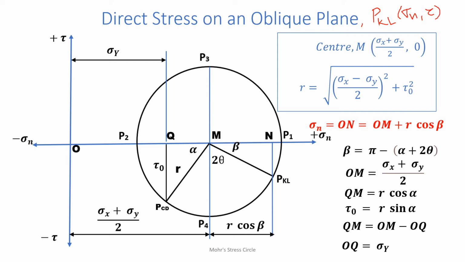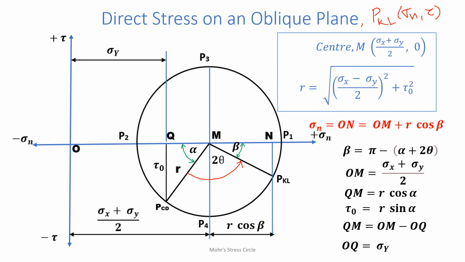Now this PKL in the figure is subtending an angle theta anti-clockwise with the CD plane. Here we will take it to be double. Let these angles be, this is alpha, this is beta.